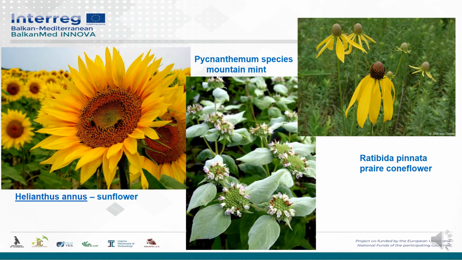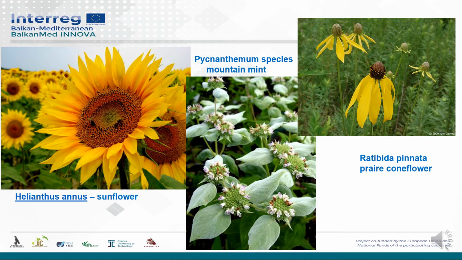Sunflowers, we cultivate, and all of us know it. Mountain mint is somehow an endemic plant. We don't find it often, at least I don't find it often in Albania. I have seen it, for example, in Heraklion, on an island of Greece.